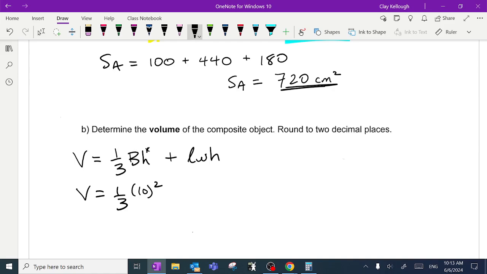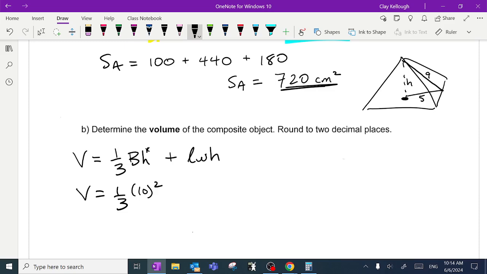The pyramid has, let me draw it again here, a height right to the middle there that I need to find. If I make a triangle from here to here to here, will that help me? Yeah, okay, they told me that this is 9. And if it was 10 all the way across, this has to be a 5.